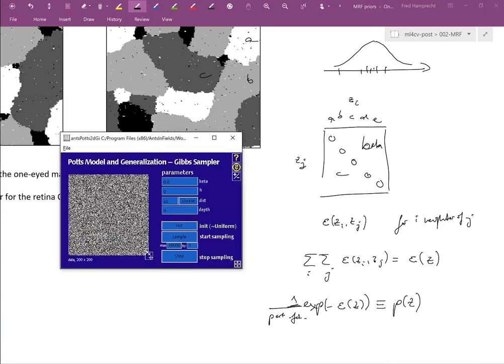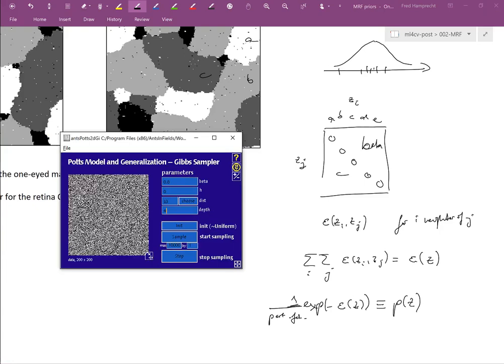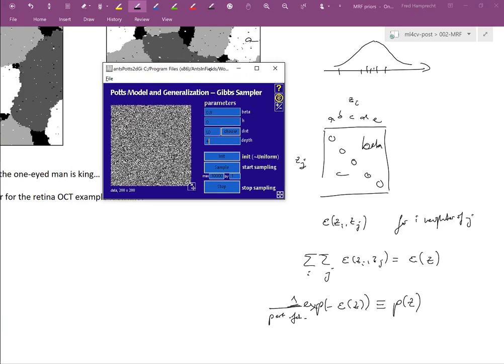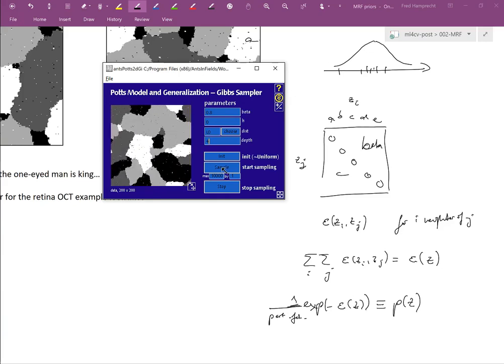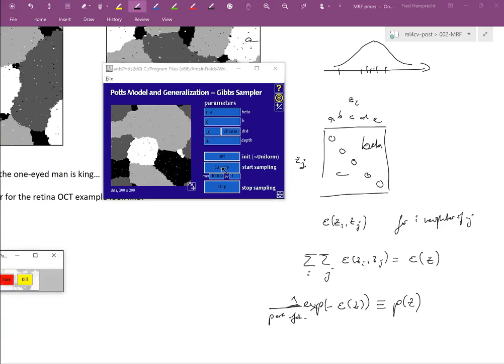In this case, beta was set to 0.8. I have 4 classes. I can initialize the thing randomly, and I can then run a Markov chain under this distribution. And I will show you later what the pseudocode of doing this is. But this is how I generated the samples that you saw.